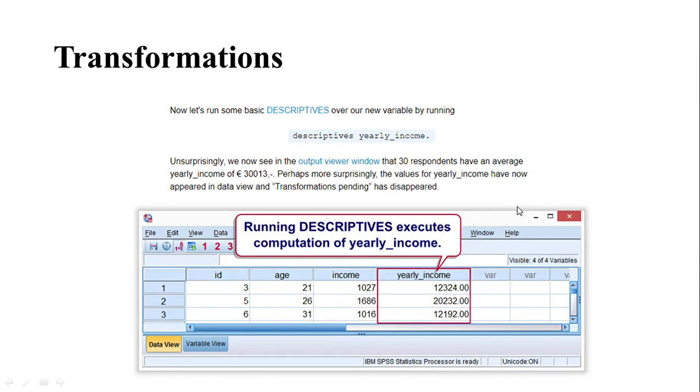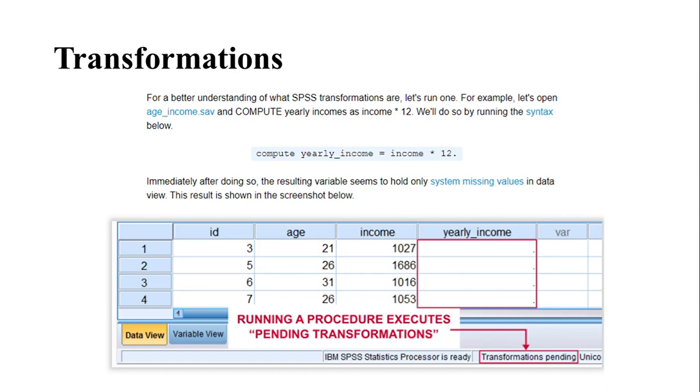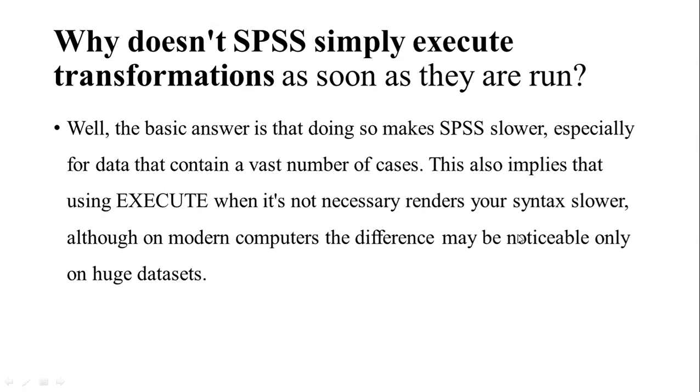So to explain this, in case someone was confused with this table here, I've added more description here. Why doesn't SPSS simply execute transformations as soon as they are run? This will answer the question of why it says pending here, and why SPSS can execute this yearly income only after running another command.